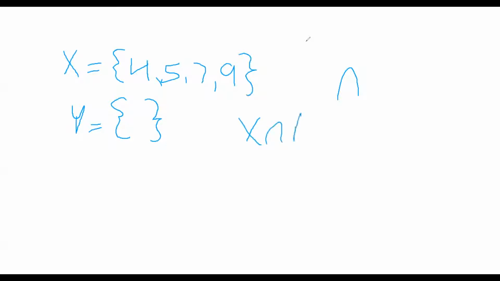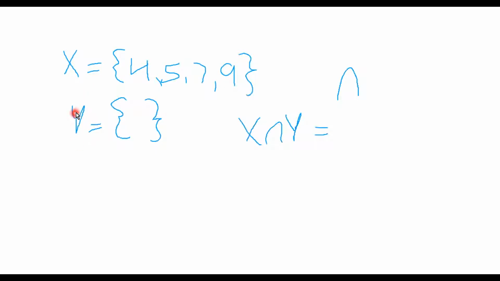So X intersect Y. We said, my bad, that the intersect stands for or. So pretty much what you're doing here is saying what numbers are shared in X and in Y. What numbers in X are also in Y. And let me show this spotlight.